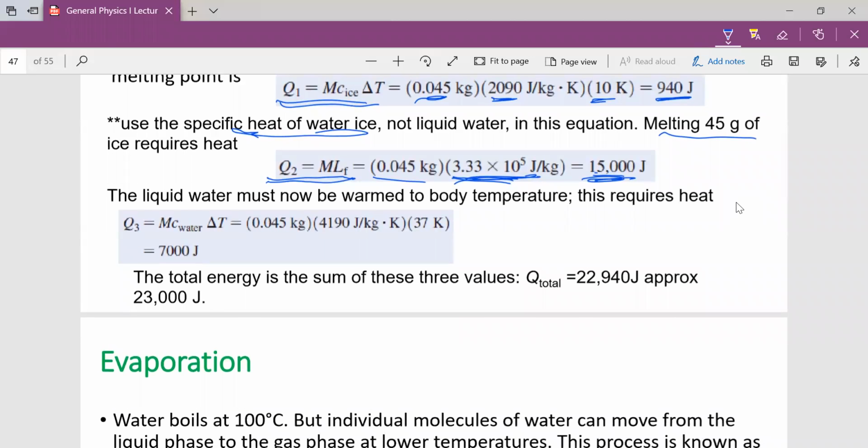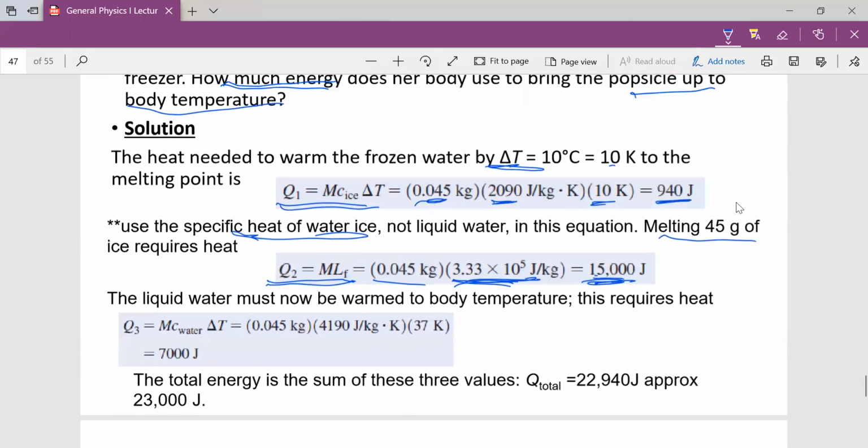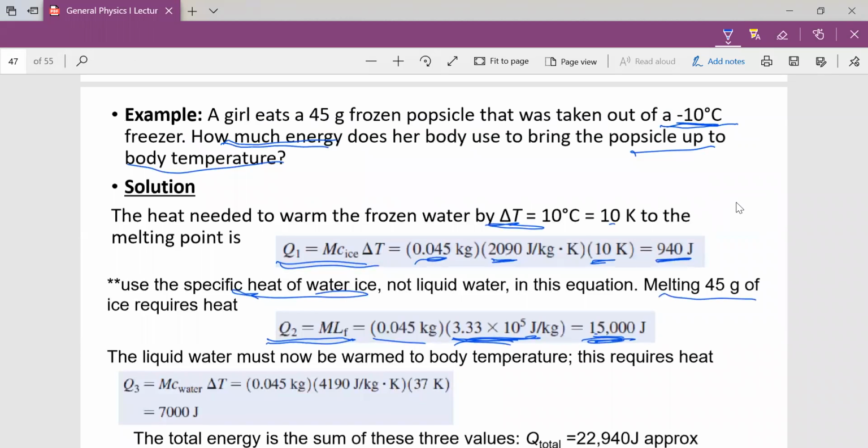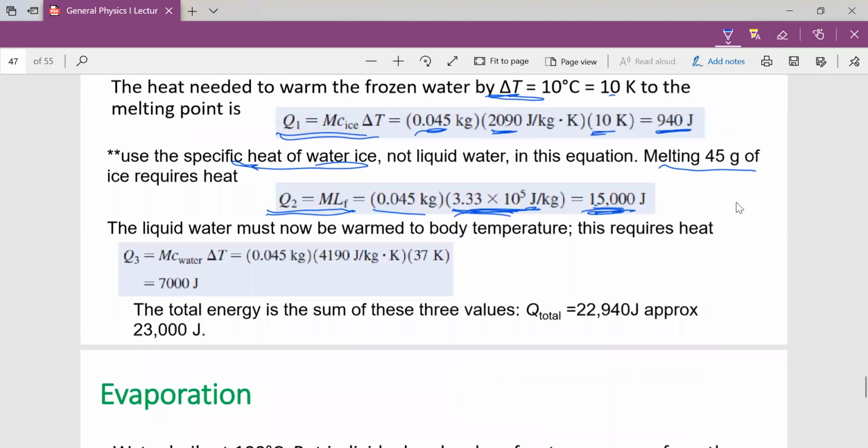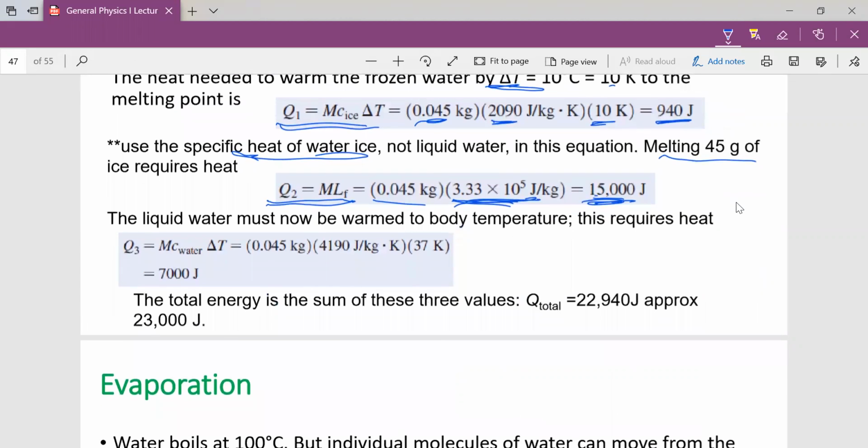Now we approach the final question, which is the amount of the heat, how much heat is required for the body to do that. So the liquid water, when the child takes it, now warms up to the body temperature, and the standard body temperature is given as 37, okay?